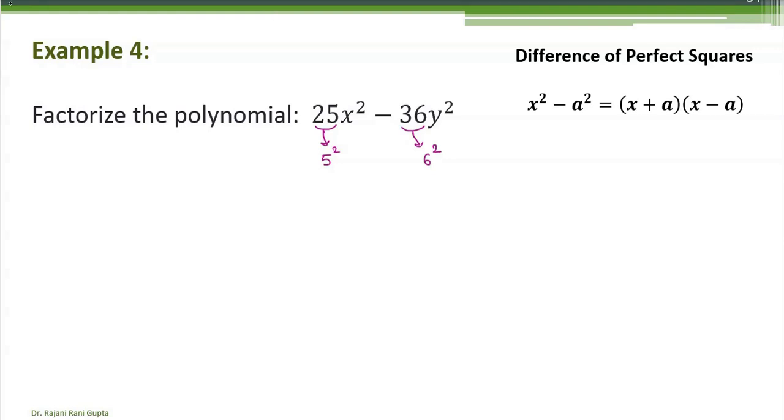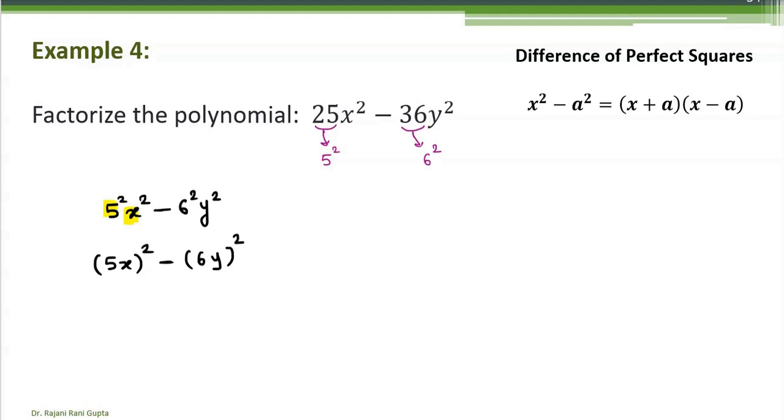So 25x square means 5 power 2 x power 2, minus 36y square, which is 6 power 2 y power 2. Now you see here the numbers 5 and x with power 2, so you can write them as (5x) together power 2, minus. Same thing here: 6 and y with power 2.